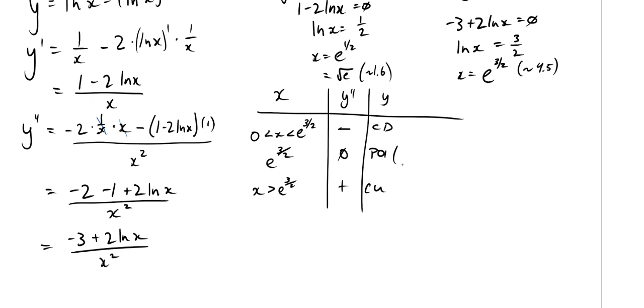So I'm going to put in e to the 3 over 2, store that in A, and I got negative 0.75, so negative 3 over 4. And I've got one critical point, and it's in this place here, so it's 1.6, which is going to be in this interval.